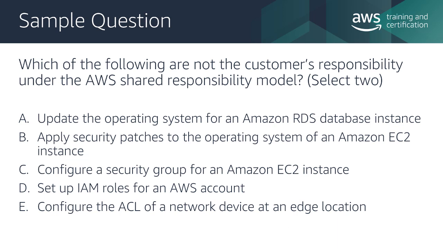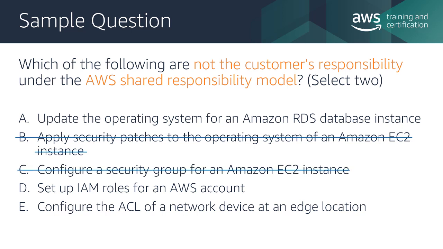Let's look at some sample questions. Shared responsibility question: which ones of the following are not the customer's responsibility? So we can eliminate the ones that are the customer's responsibility. Right away, option B, let's get rid of. Applying security patches to the operating system of EC2 is absolutely the customer's responsibility.